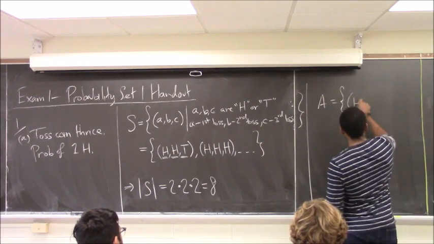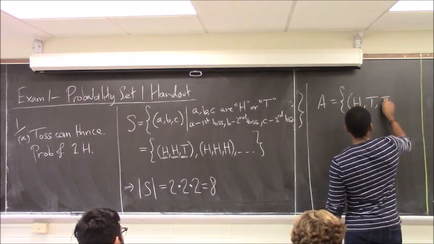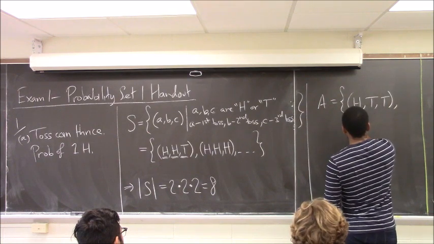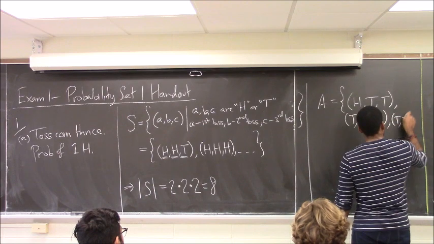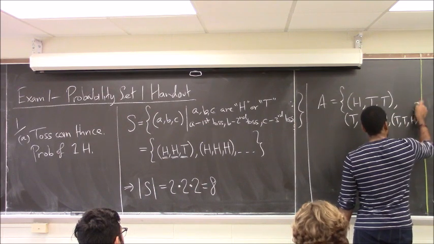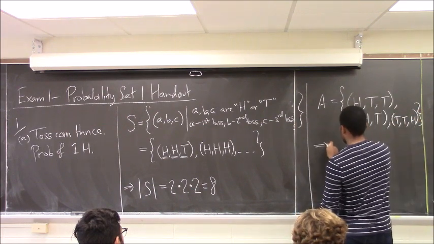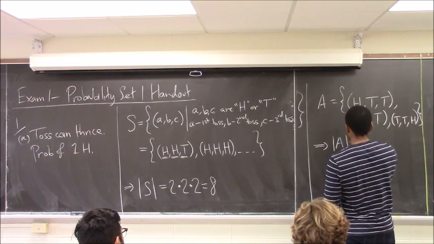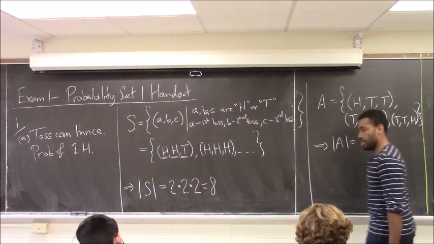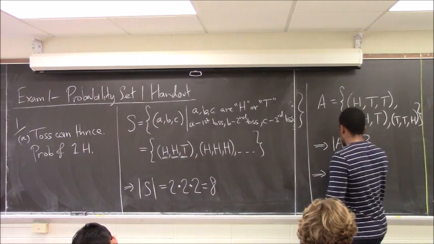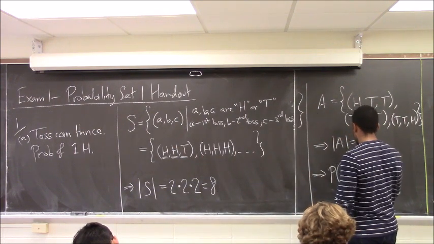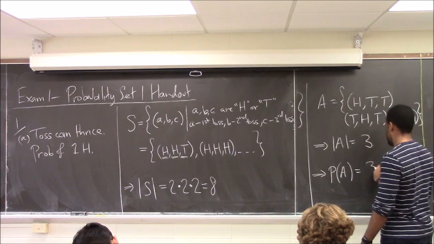Either you're going to get an H on the first one, but not the other 2, or you're going to get H on the second one, not the other 2, or you're going to get H on the third one, not the other 2. So, the size of the event that I care about, there are 3. This means the probability of getting A is going to be 3 out of 8.